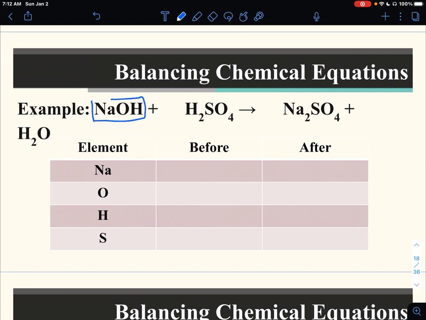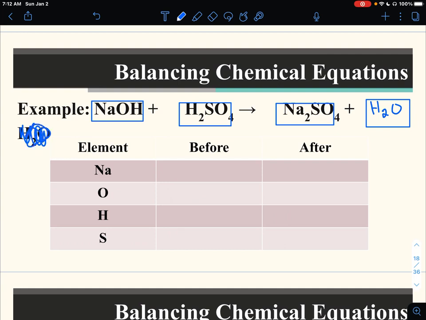I'm going to put the boxes. Oh, whoops. And I'm going to write H2O right here to make it a little bit easier. It came down here. We'll get rid of that. All right, so same thing. I'm going to write how many I have before the arrow and after the arrow. So Na, there's 1.